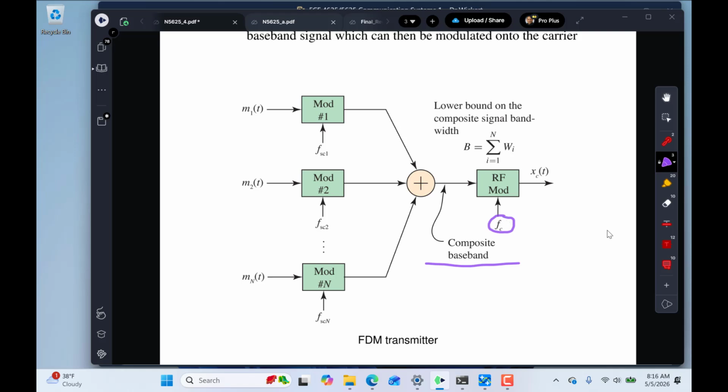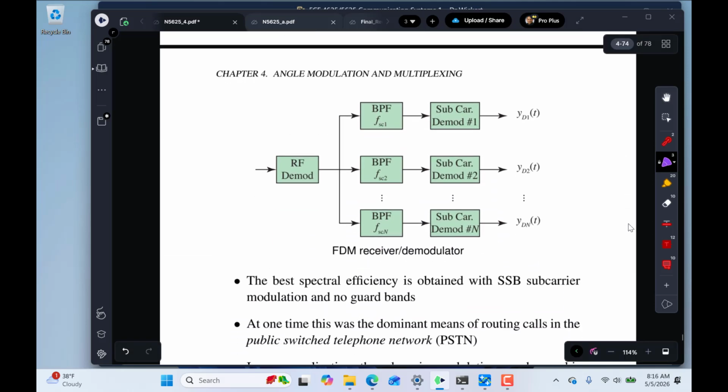I'm really tired right now, so I'm not going to say this is crystal clear. To me, it's crystal clear, but does it make sense that we can have a carrier at a really high frequency, and then at baseband we can combine a bunch of signals at different subcarriers and put that composite up on a carrier?